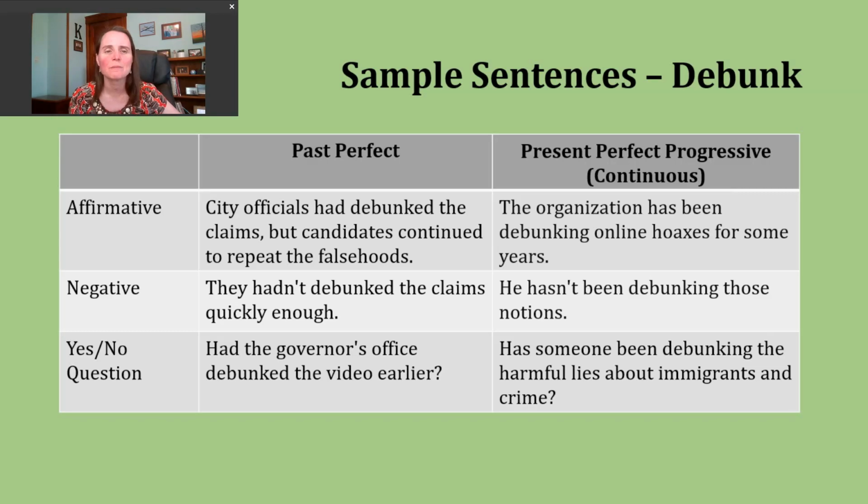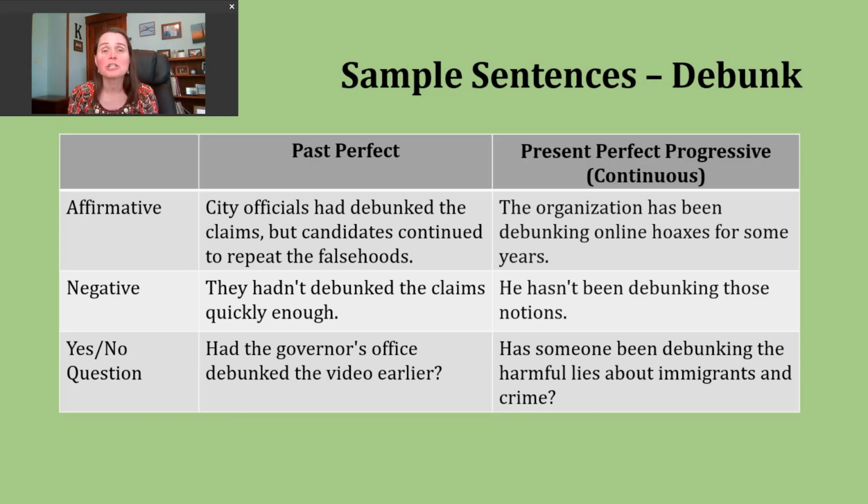Let's take a look at an example. City officials had debunked the claims, but candidates continued to repeat the falsehoods. Okay. This was something that came up a lot during the 2024 elections here in the United States. There were certain pieces of information, myths, if you will, that one candidate in particular continued to repeat and repeat.